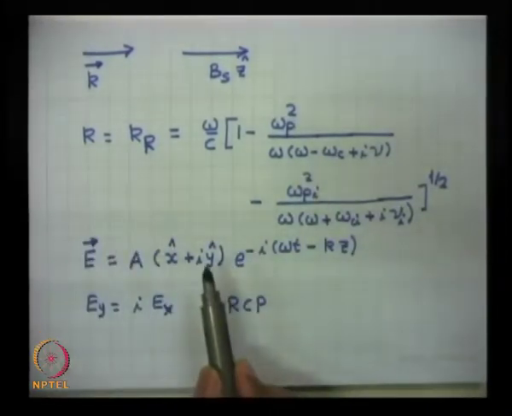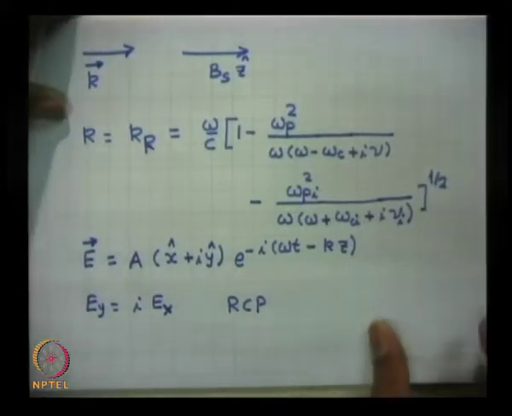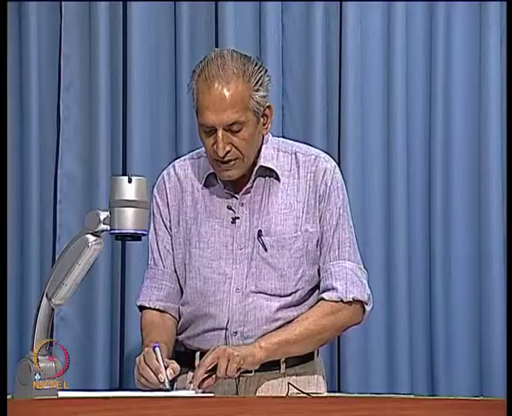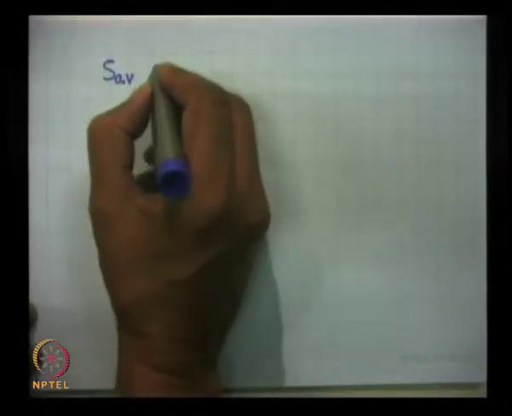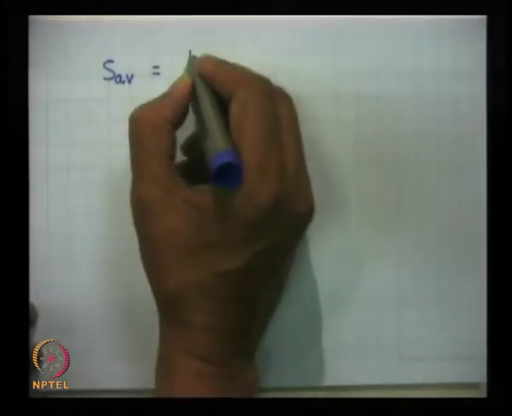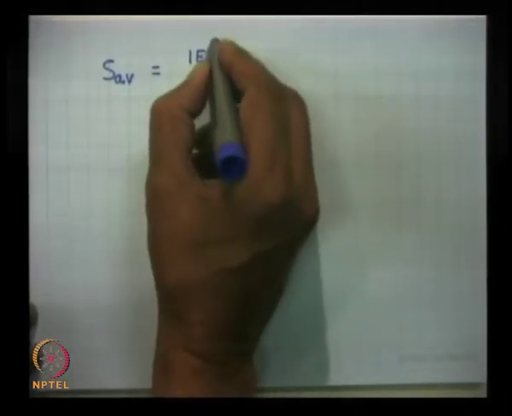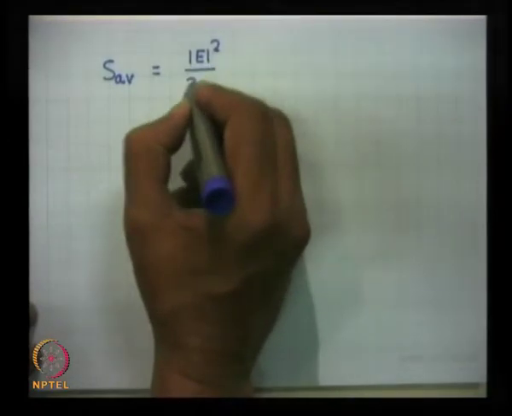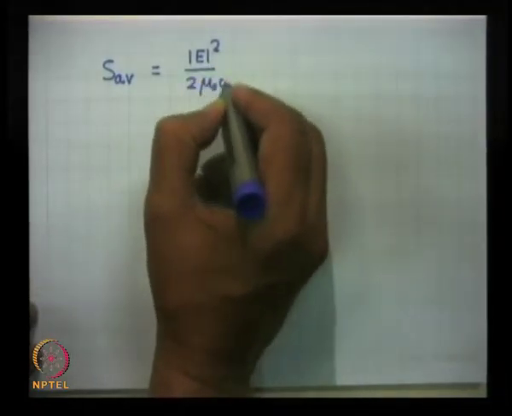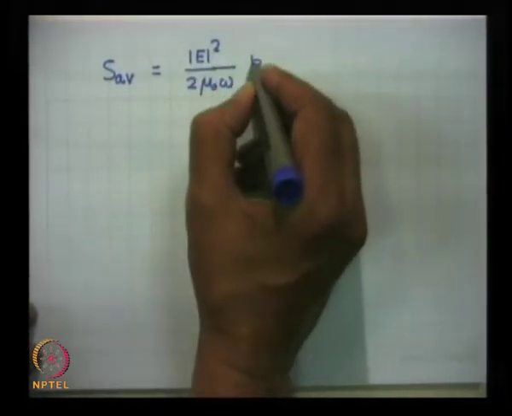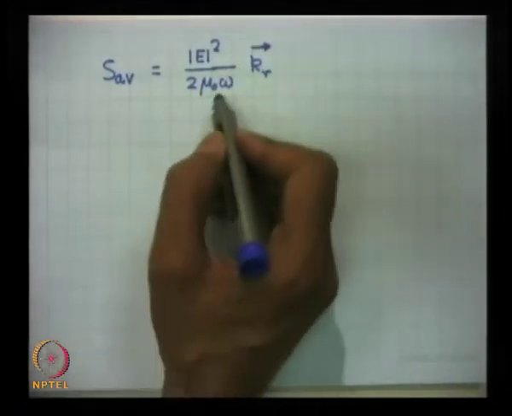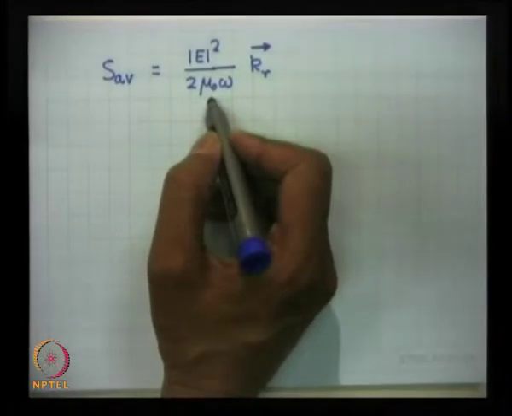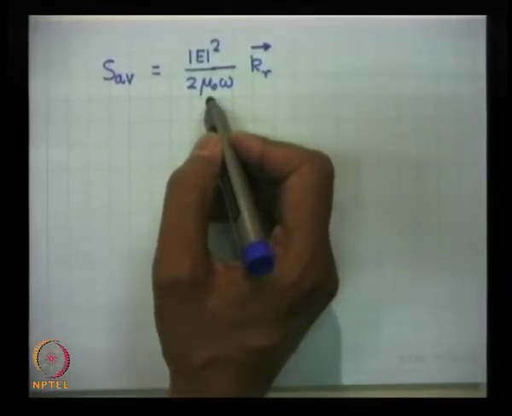We should always keep in view that the Poynting flux of a wave, or intensity of radiation, is equal to modulus of E square upon twice mu 0 omega times the real part of k, where mu 0 is the free space magnetic permeability.